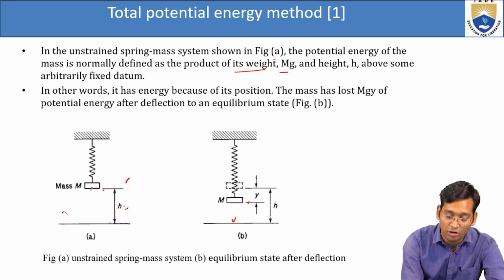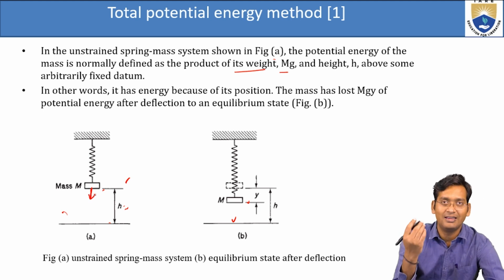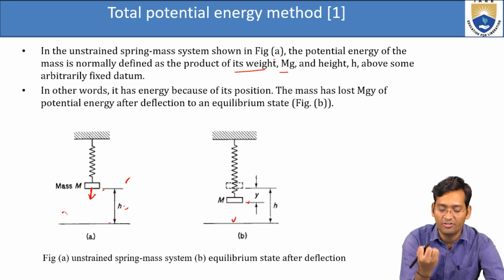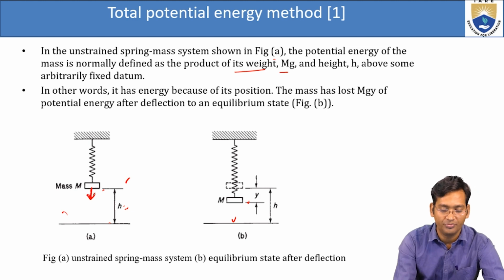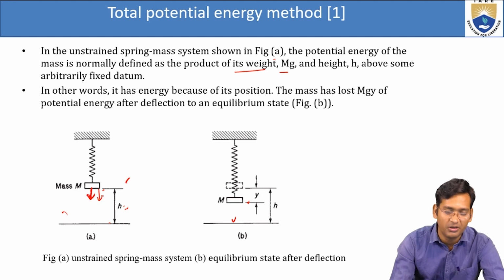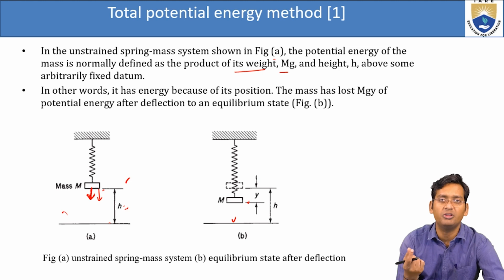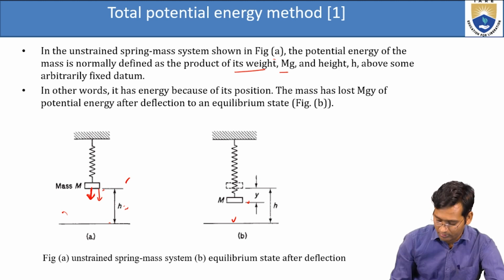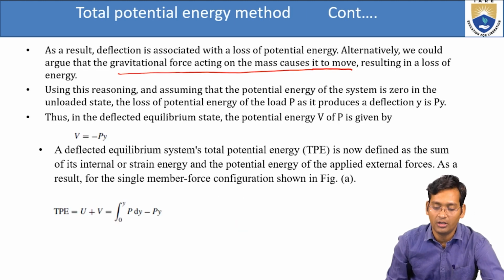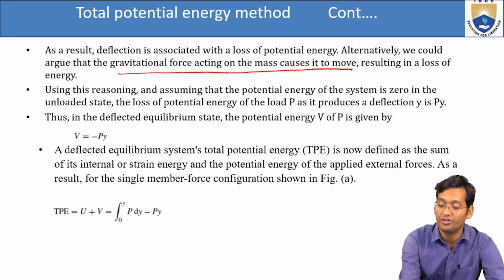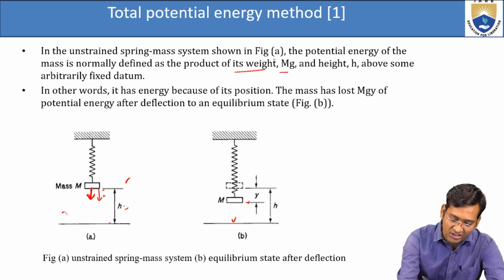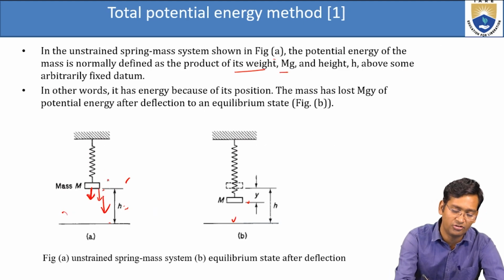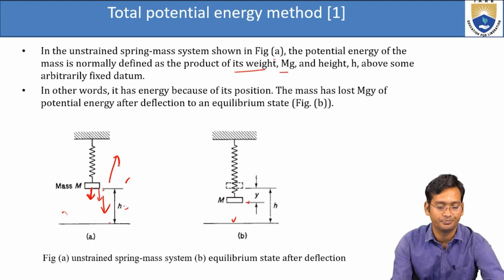Because of g, the gravitational force will try to pull this down, so it will have some strain and get displaced. Whatever the displacement is, that will be the loss of potential energy. Because of the gravitational force, it will move down only. It does not move up.